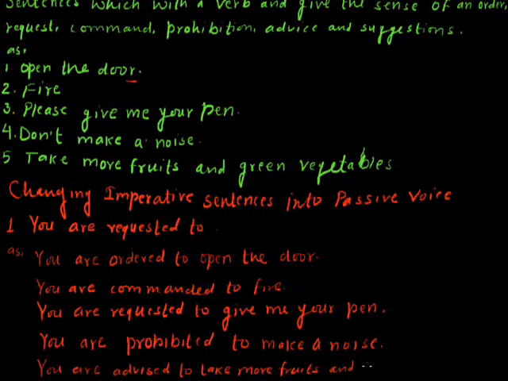Okay, so in this manner we will make the passive voice of the imperative sentence. I think you must have understood how to make the passive voice of the imperative sentence. Okay, let us discuss two more rules of changing the imperative sentence into the passive voice.